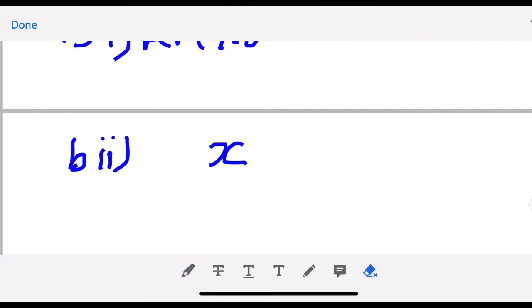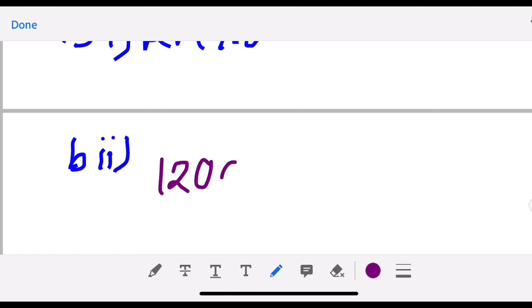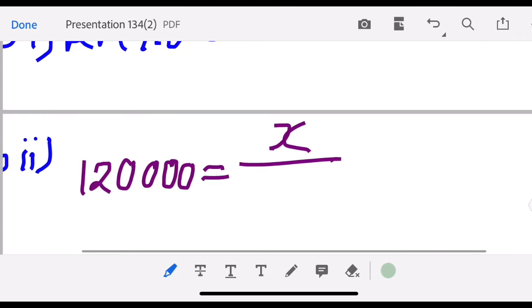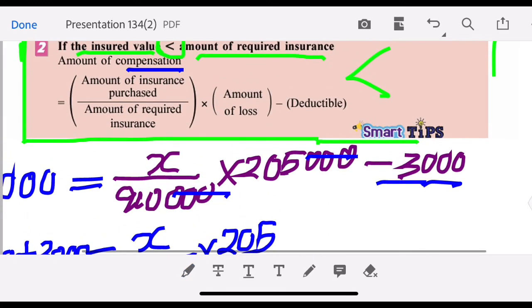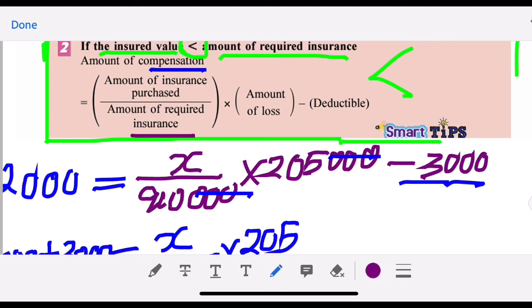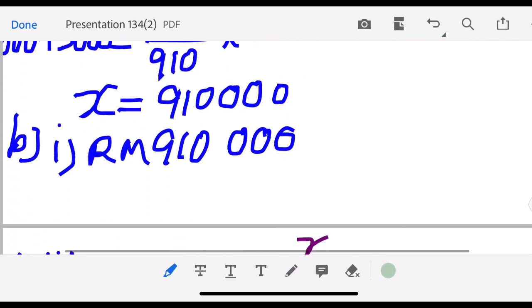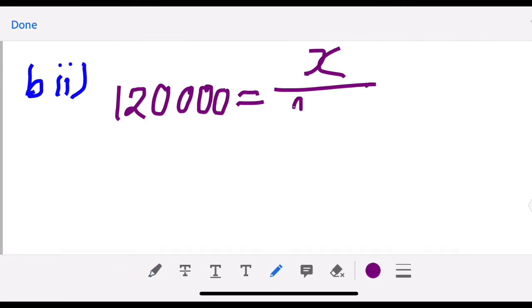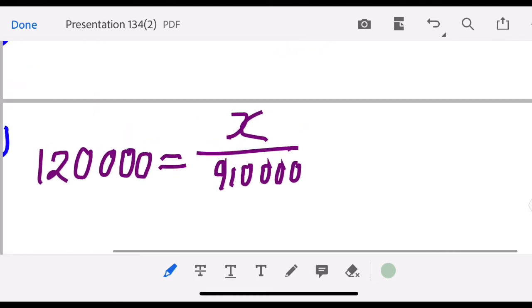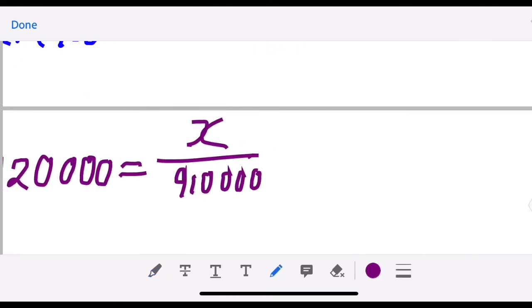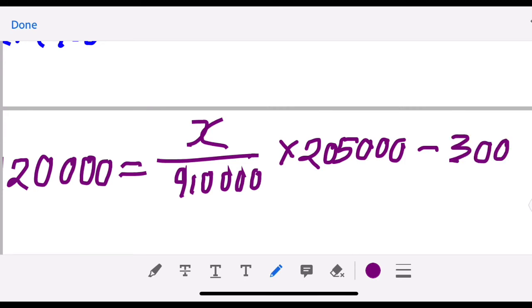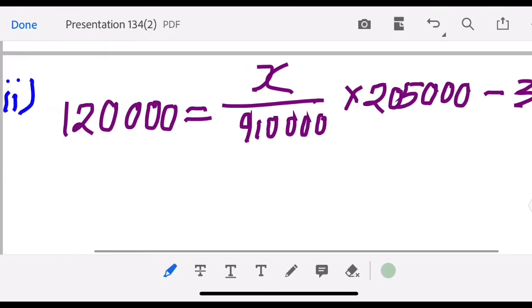So let's write: compensation 120,000 is equal to x over the amount of required insurance, which we calculated just now, 910,000, right? We need to multiply by the losses, which is 205,000, and minus out the deductible amount. This is the compensation.